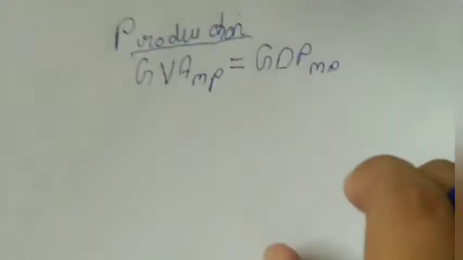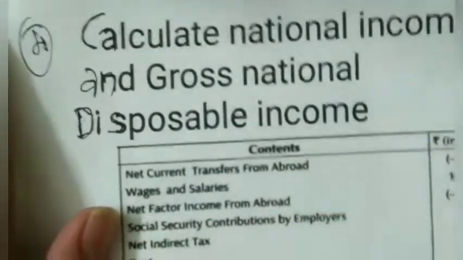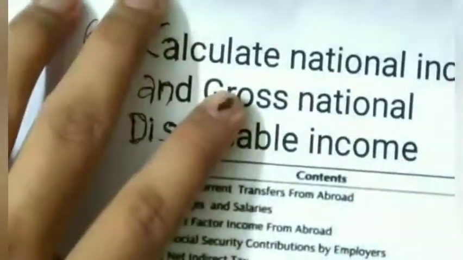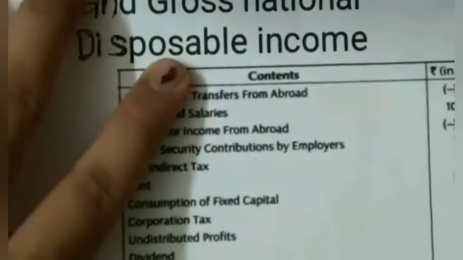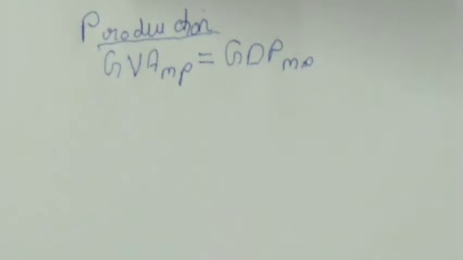Now coming to the next question. Calculate national income and gross national disposable income. This is the first question in which we are encountering that one important topic. So calculate national income as well as gross national disposable income.